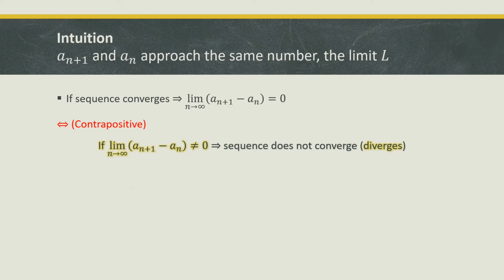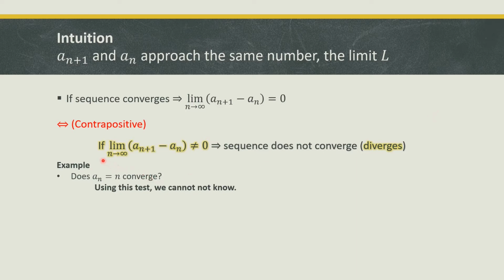Now let us look at an example using this test. So the example we will be using is the sequence a sub n equals n. Does it converge? Using this test, we cannot really know. This test does not tell us whether a sequence converges, but it does tell us when a sequence diverges.